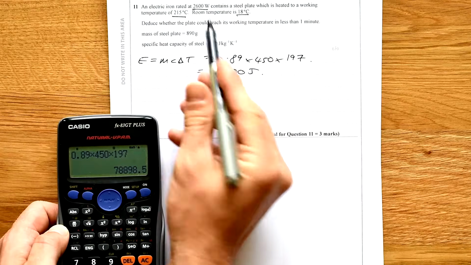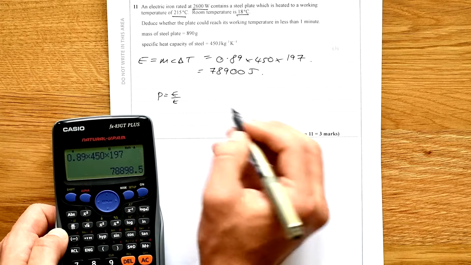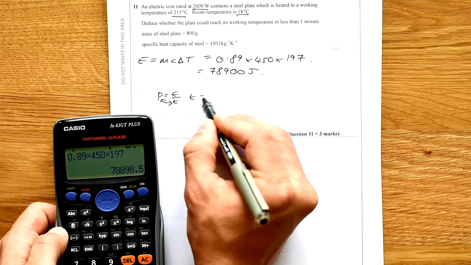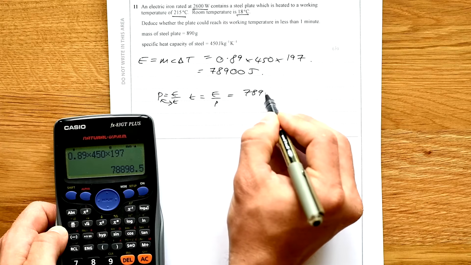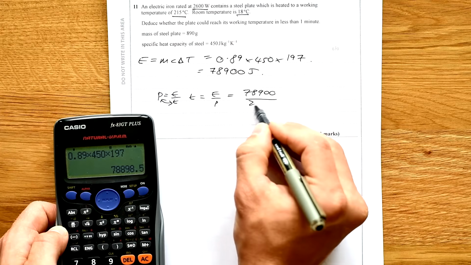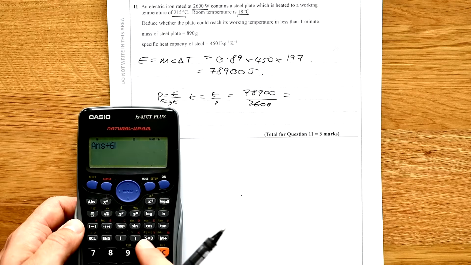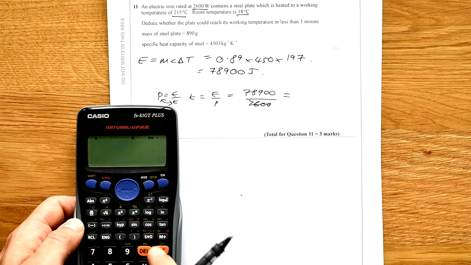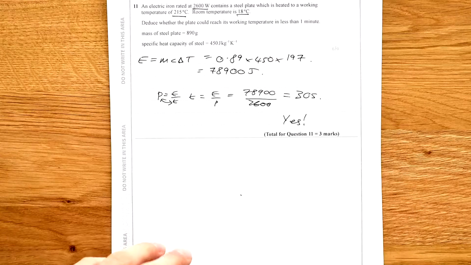And then we've been given the power, but we want to find out the time. So power equals energy over time, or work done over time. So that means time is energy over power. So let's do 78,900 divided by 2,600. And we want this to be less than 60. And it is. It's 30 seconds. So yes, it will.